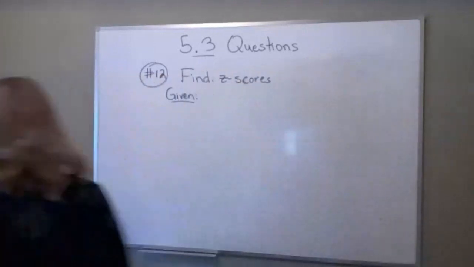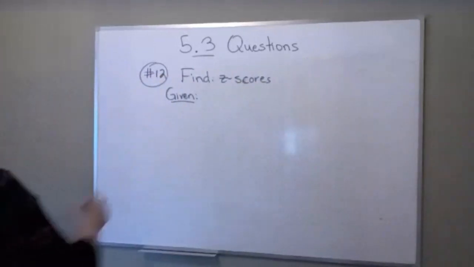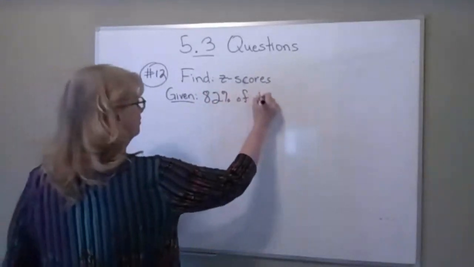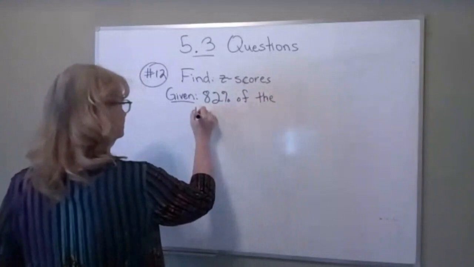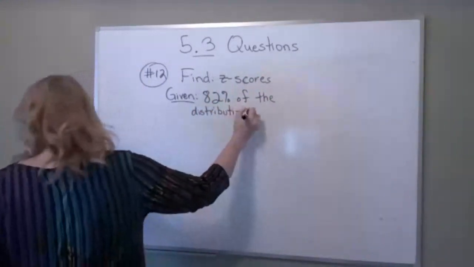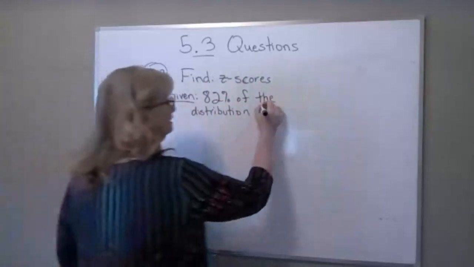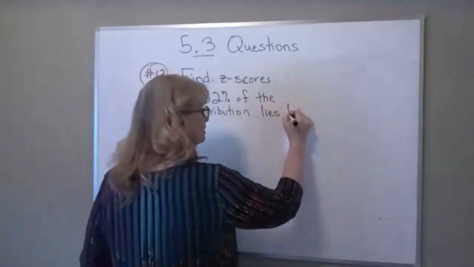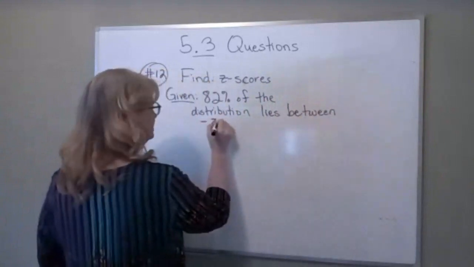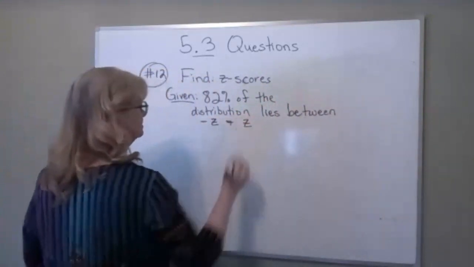On this one, it says find the z-scores, and what I'm given is 82% of the distribution lies between negative z and positive z.